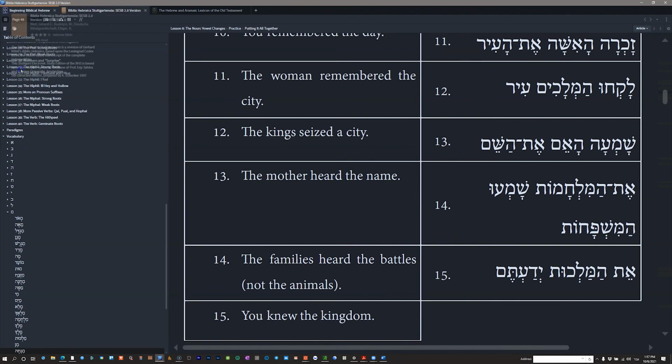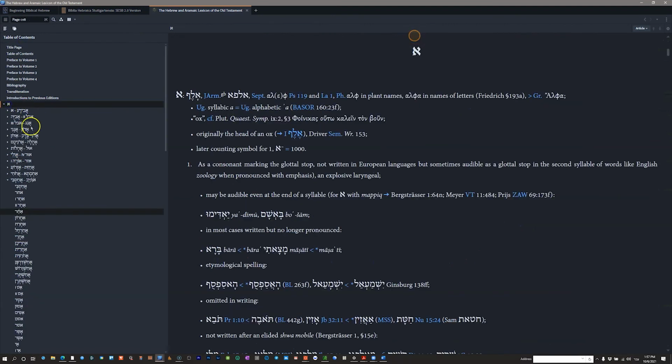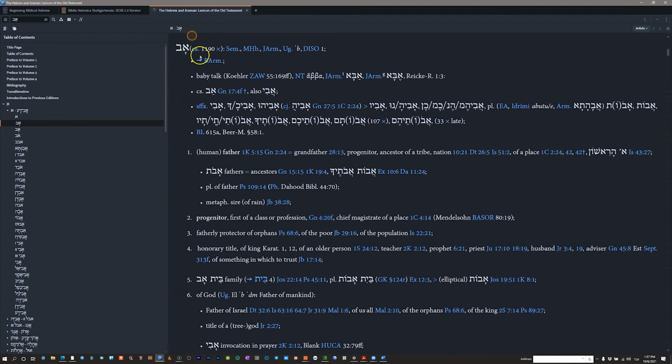Well, sure enough, when I go look up av, not only do I find av, but it also tells me in the entry somewhere, if I can find it, these are all of the suffix forms. I feel like it should tell me pretty close to the front that the plural is avot. Here we go, plural.